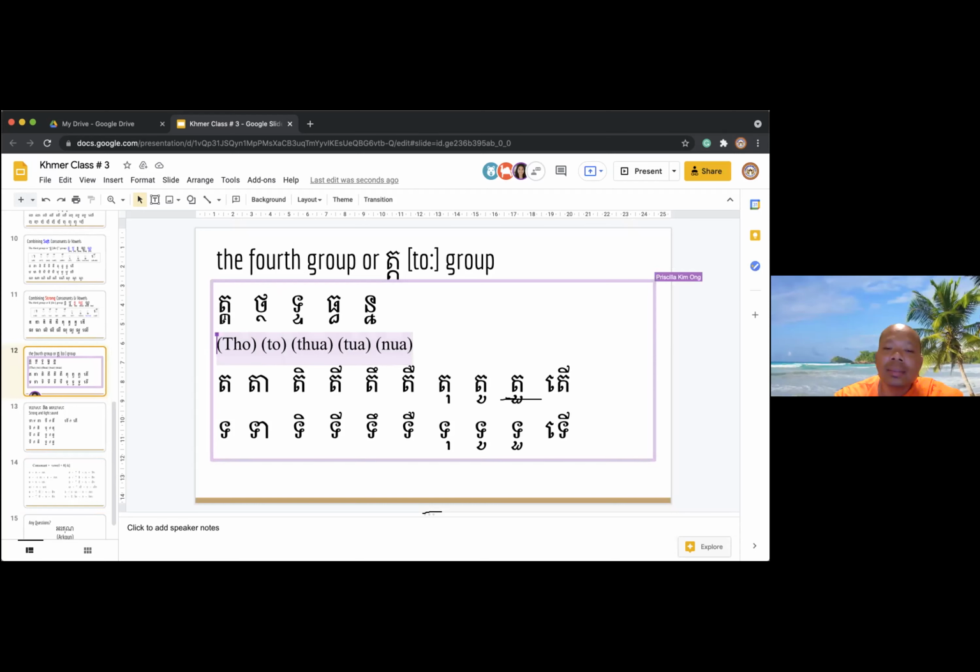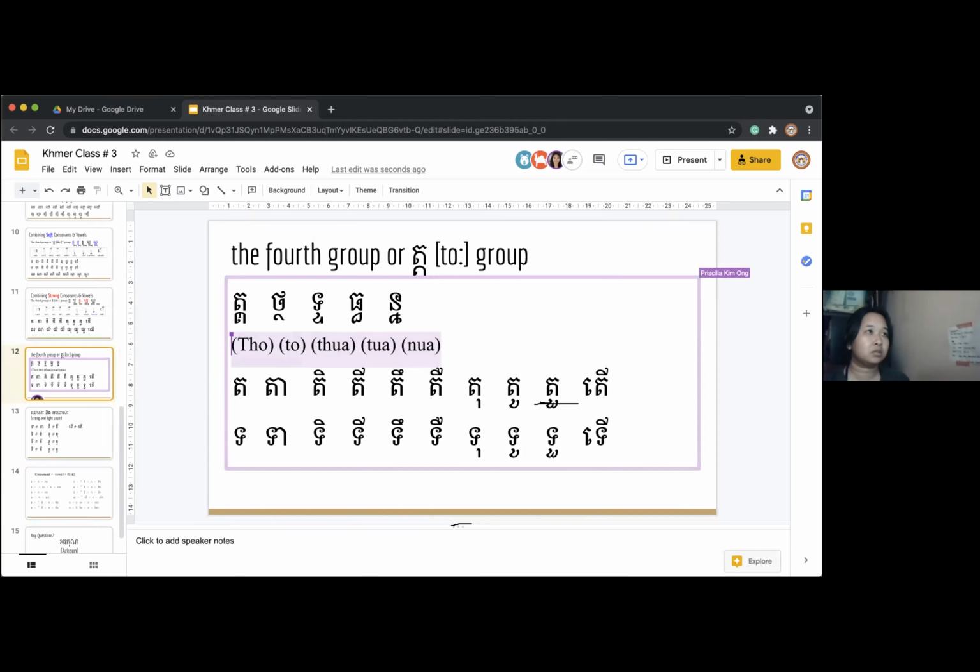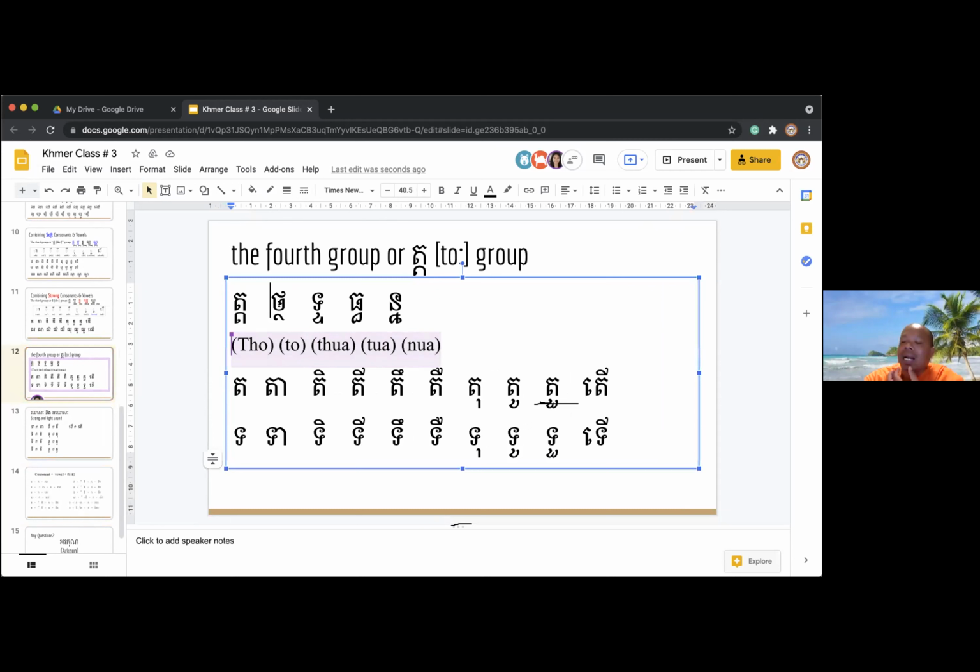Tar, to, tar, to. On the ear come out the second one. Ta, ta, ta. The ear is come out. And the third one without the ear, but the sound is or. It's like to as well, but the sound is or. Kosat letter become tor. And this one also ta, ta.